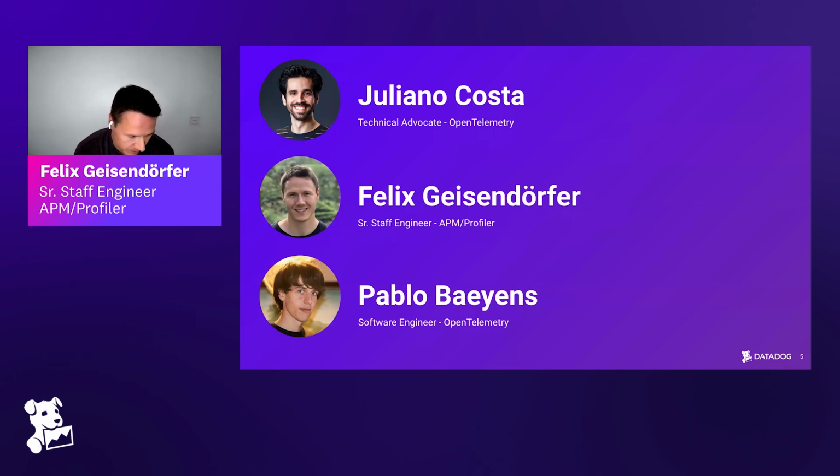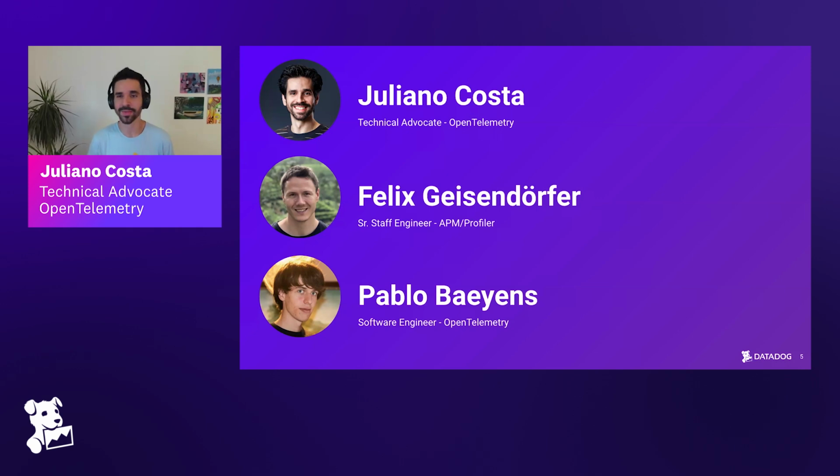My technical expertise there is especially on the Go runtime, where I've also recently become a contributor, sending patches upstream and working with the Go team at Google to improve observability in the runtime, especially around profiling, but also around metrics and other things. And then I'm also a member of the OpenTelemetry special interest group that's defining the upcoming profiling signal, which is why I'm on this episode today and what I'm going to talk more about later.